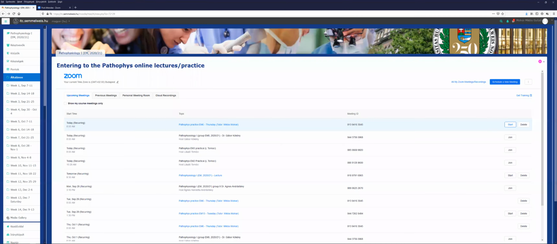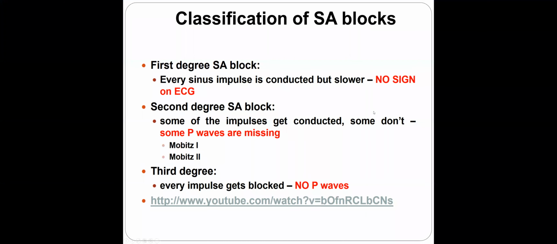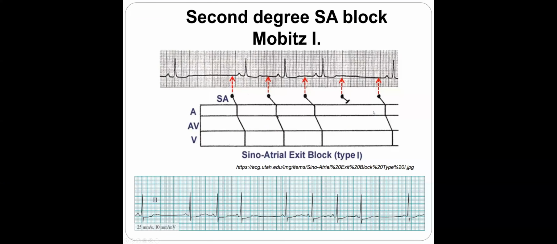Good. Now let's see how we diagnose it. Let's see the Mobitz type 1. And now I'm going to refer to what I said about Mobitz type 1 AV block when we looked at the QRS complex. However, here you have to look at the P waves. The arrows point to when the SA node is activated, and this is only the atrial activation when we do have the P waves.